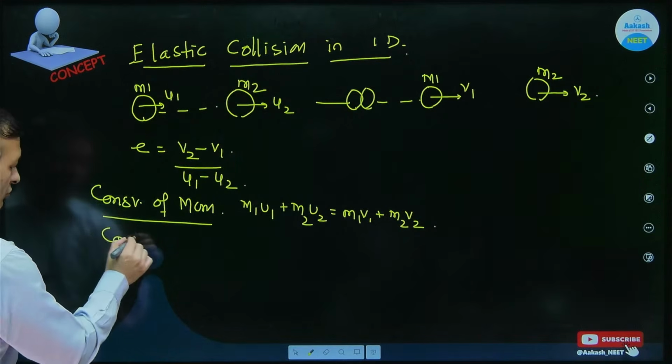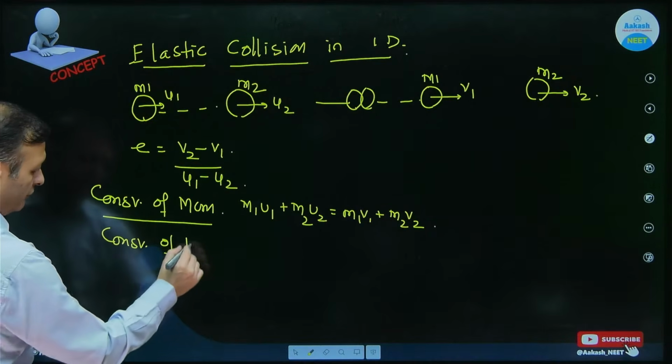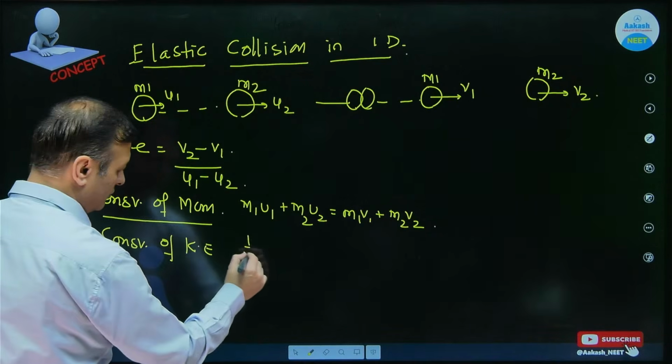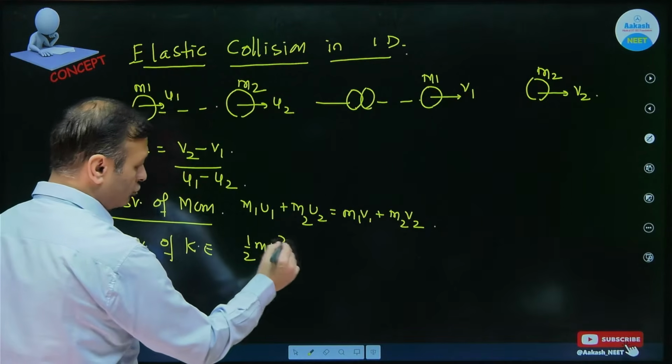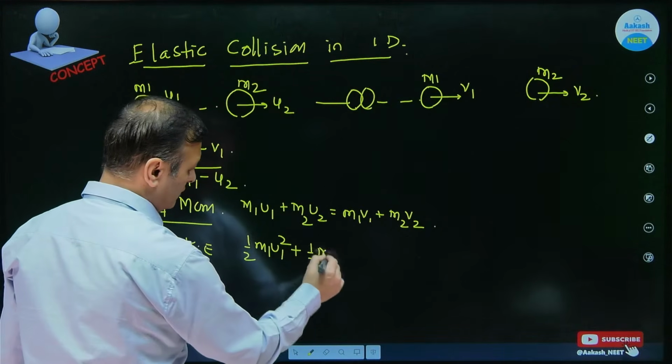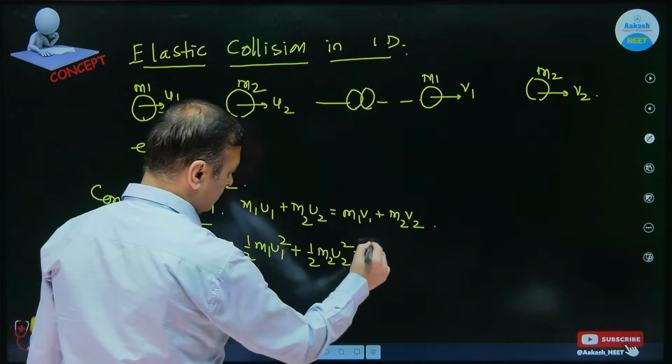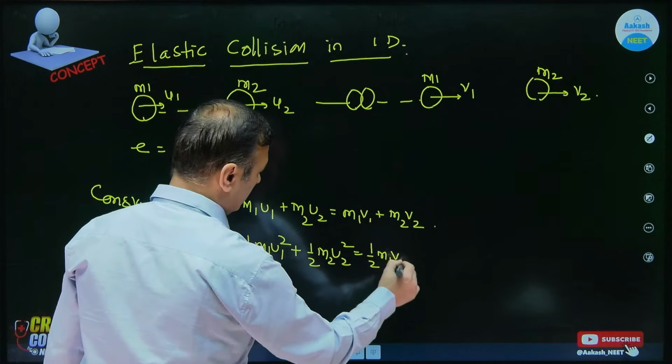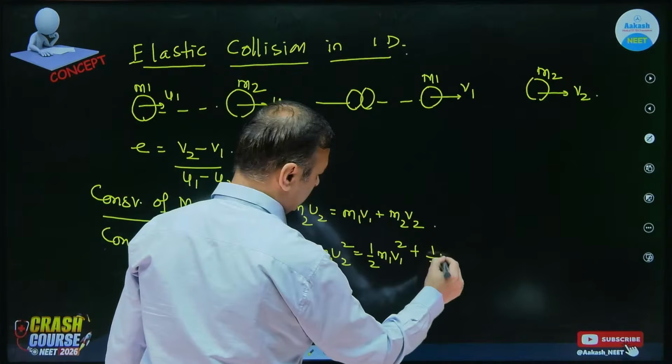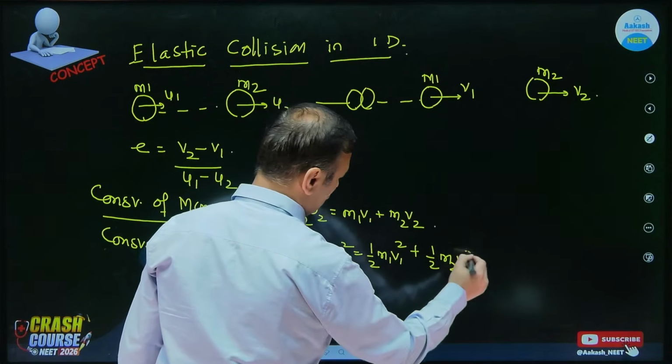Then we have another concept that gives you conservation of kinetic energy: half m1 u1 square plus half m2 u2 square is equal to half m1 v1 square plus half m2 v2 square.